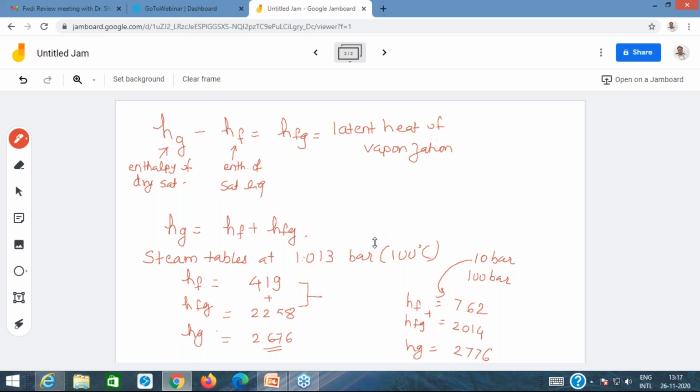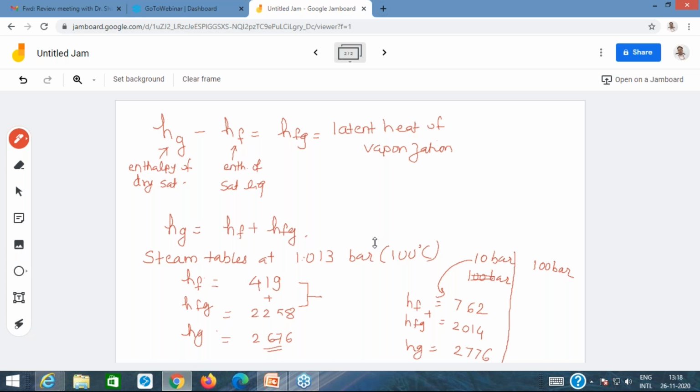Yes, Gunjan, thank you. Similarly, at 100 bar also, now I want the values at 100 bar. Tell me the values of Hf, Hfg and Hg at 100 bar. This was at 10 bar.